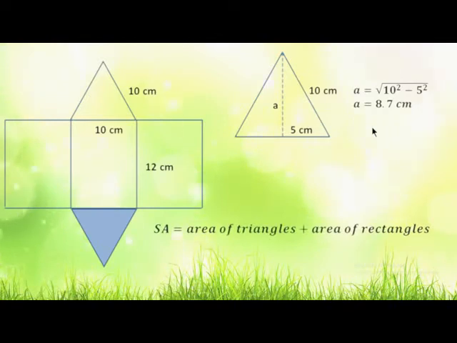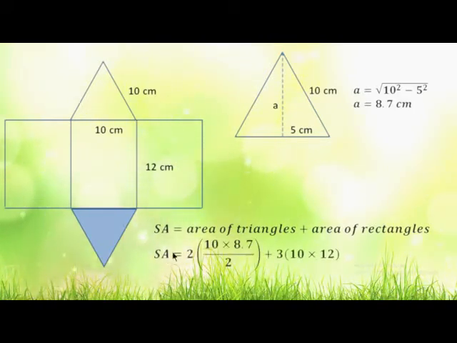And then we can find the surface area of the triangular prism. Surface area equals the area of the triangles, actually there are two triangles, this one and this one, plus the area of the rectangles. There are 3 rectangles, 1, 2, and 3.